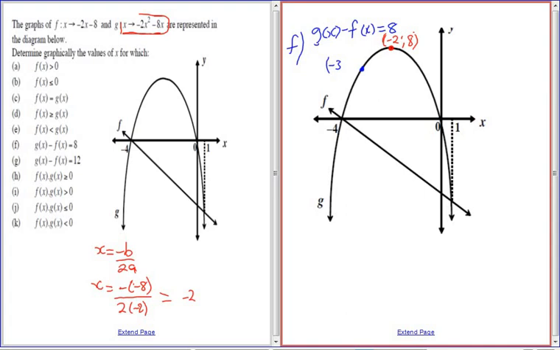Just substitute -3 into the function, and you should be able to get 6 over there. And if you go this same distance this side, you should be at -1, and that should be at 6 as well. Because we are talking about distance, I'm going to have to put these lines here so you can see what I'm trying to let you see.